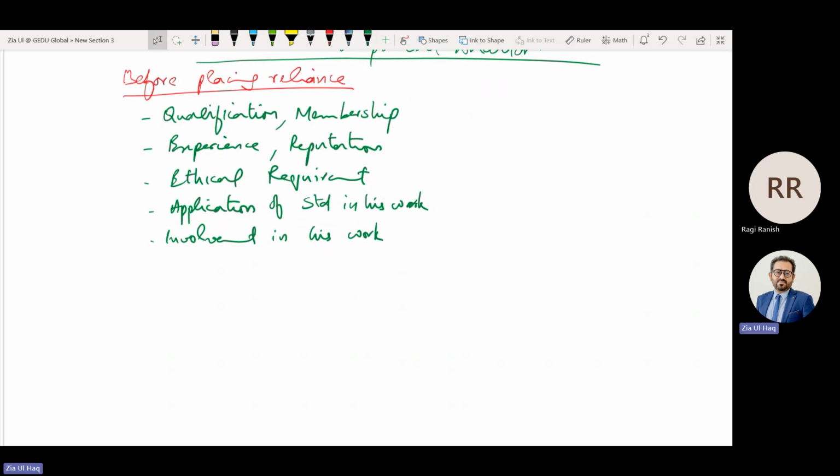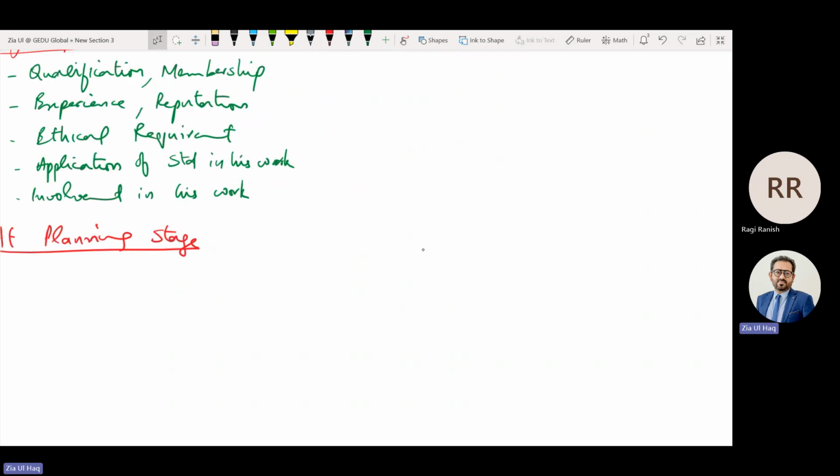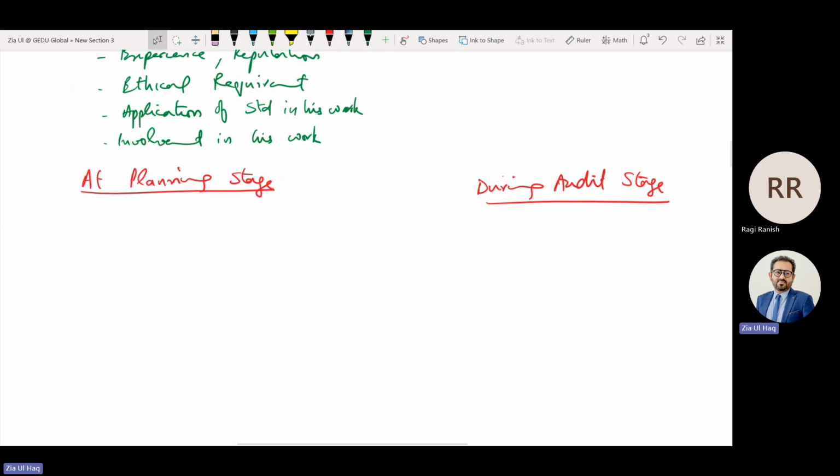If we are going to rely on the work of a component auditor, we need to perform some procedures. Some procedures we need to perform at the planning stage, and some procedures we need to perform during the audit. At the planning stage, what procedures should we perform regarding the component auditor's work?